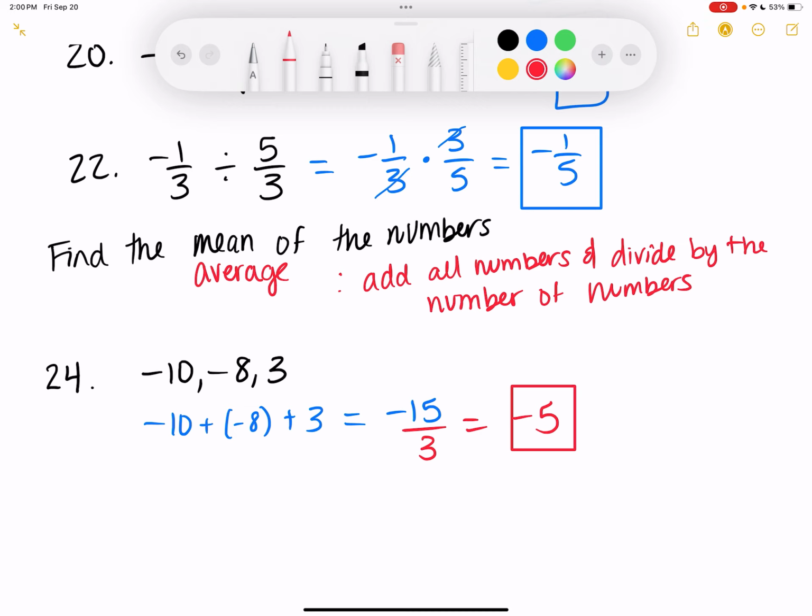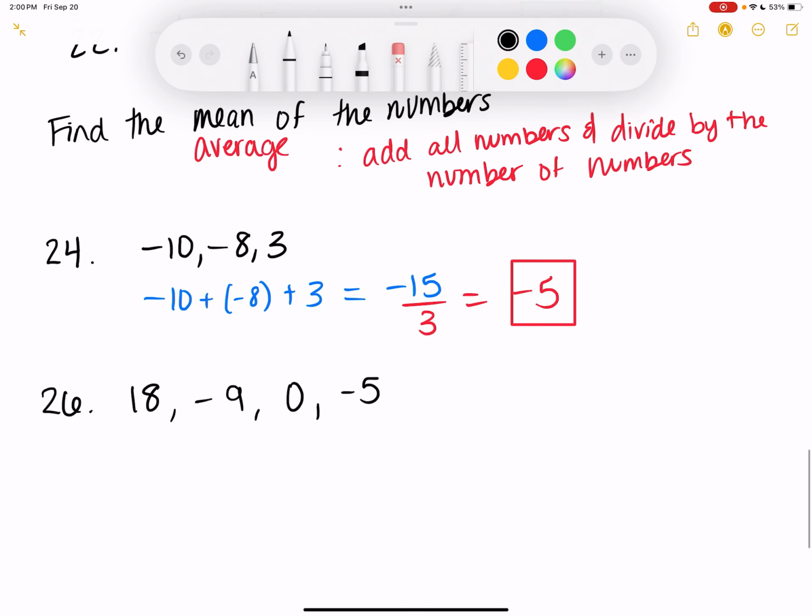What if I have something like 26, 18, negative 9, 0, and negative 5?